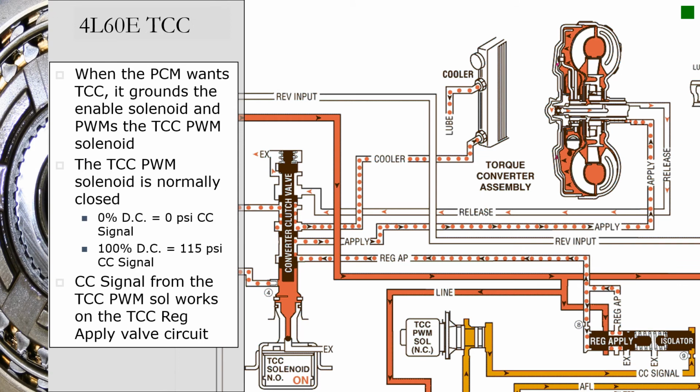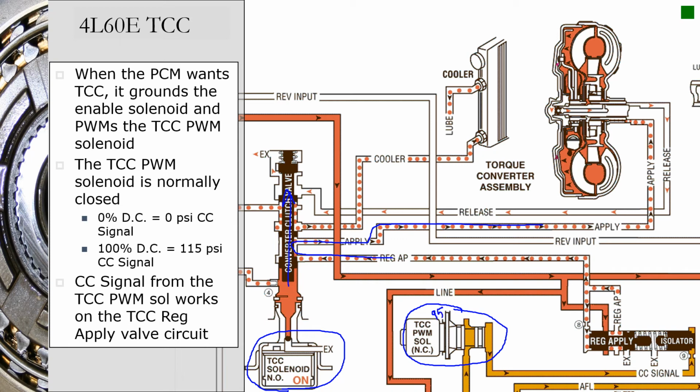When we want the torque converter clutch to apply, the process that occurs is we turn the enable solenoid on. That shuttles the torque converter clutch valve up, and allows fluid from the regulated apply circuit to feed the converter. And then we start pulse width modulating our solenoid. Usually when this torque converter clutch solenoid is off, this is sitting at like 95%.